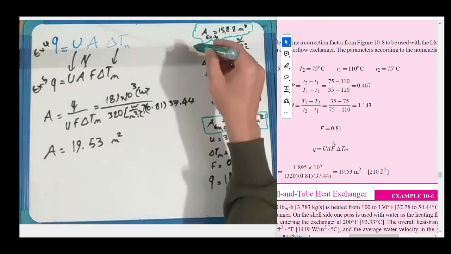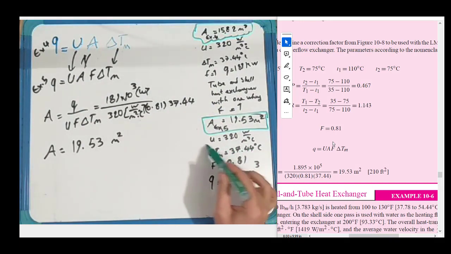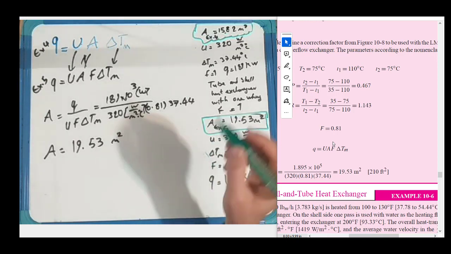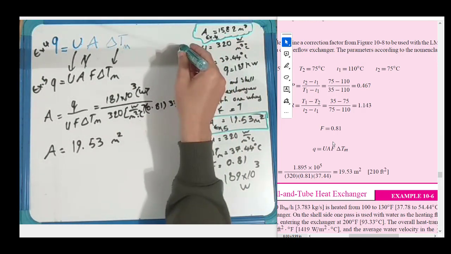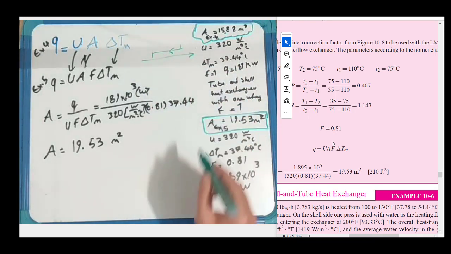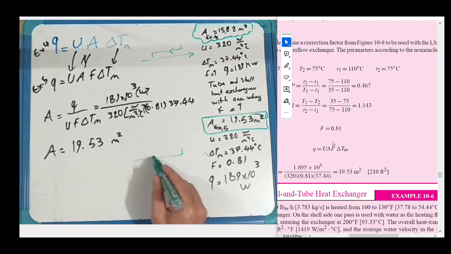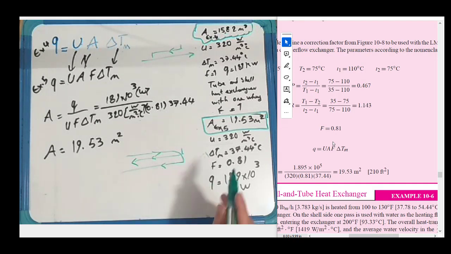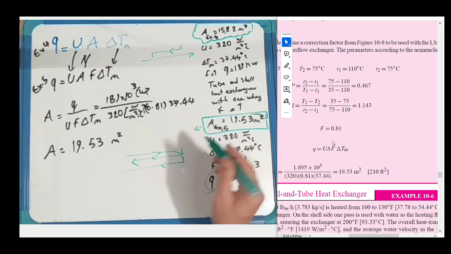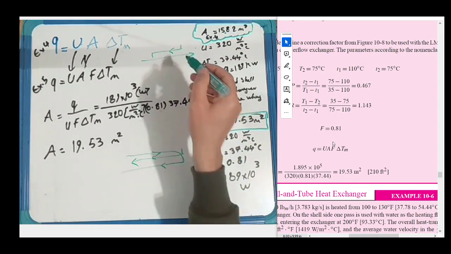The U is the same for both of them. Delta Tm is the same and Q is the same, but the difference is that it is one way for both fluids, but in this one we have two ways. Q is the same, but just A is different. This A is more than that one.